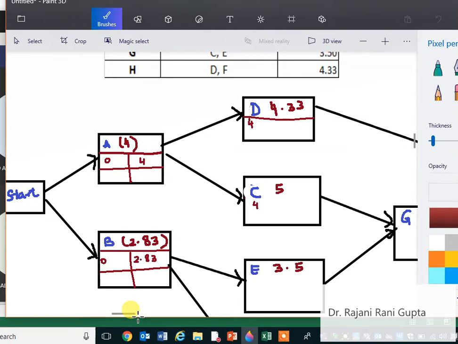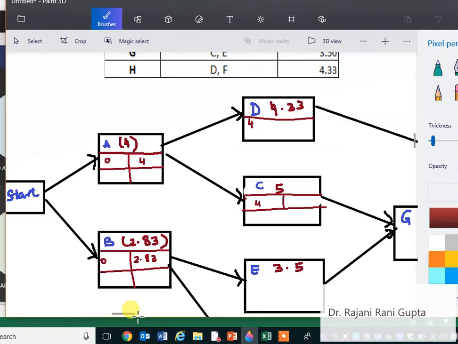Okay, and let me just write it properly. Let this be C. Then we have more space here. So it's 4.